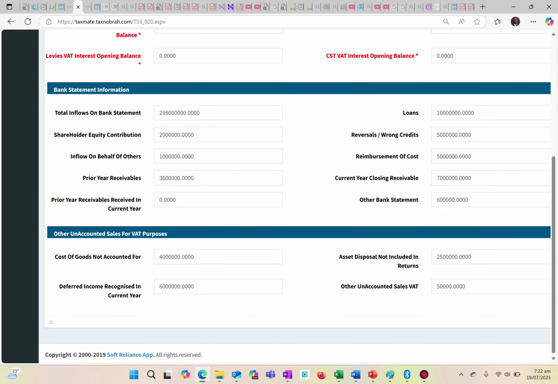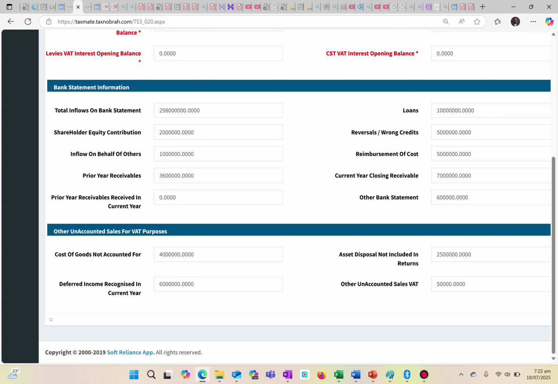Then when you are done, a very important information that you need to provide is your bank statement information. This is an area that GRA uses a lot to assess your revenue for the year. So I pick my bank statement and I have a whole lot of credits on it.